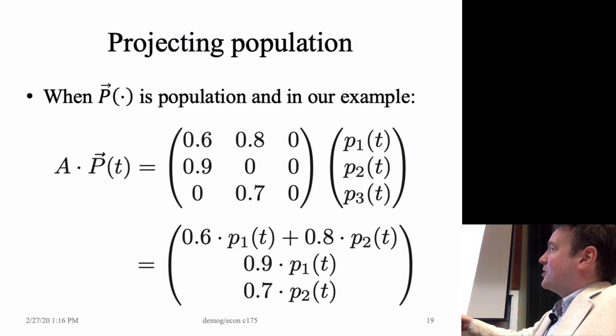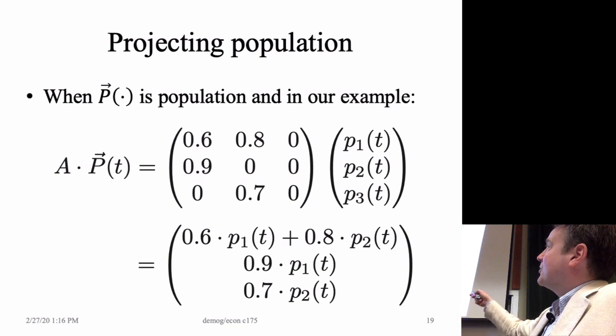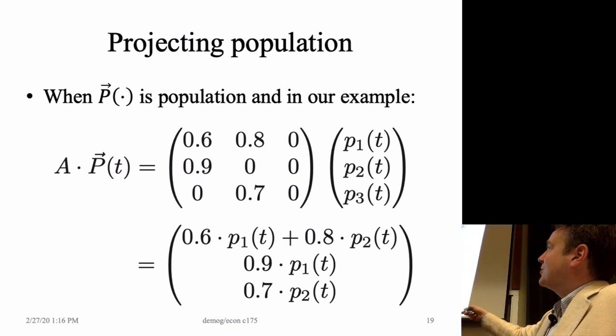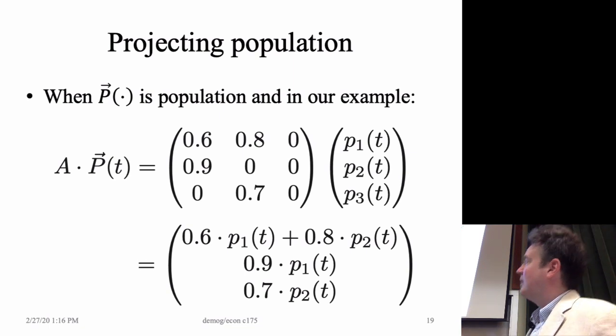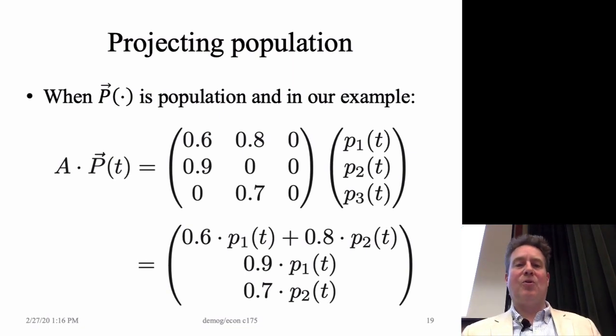So 60% net reproduction ratio of these folks, plus 80% of these middle-aged prime fertility folks, end up being the new entrants into the population, the young people next period. And then here's a survivorship story. There's 90% survival from population age group number 1 into the middle age period. And then there's 70% survival of the middle-aged folks into old age.